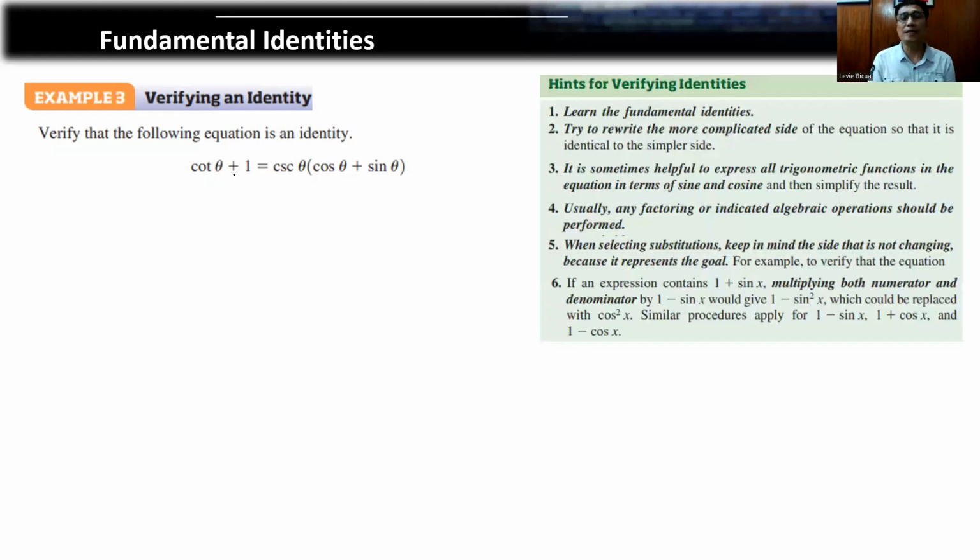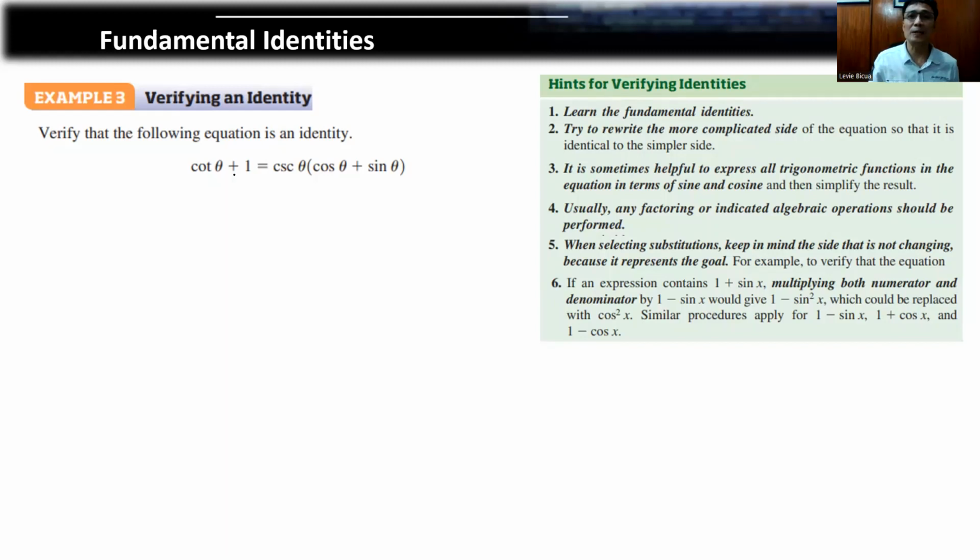And how do you verify an identity? Well, we have here some suggestions or hints on how you verify identities. Of course, you have to learn first the fundamental identities. Familiarizing yourself with the fundamental identities is very important to be successful in verifying an identity.